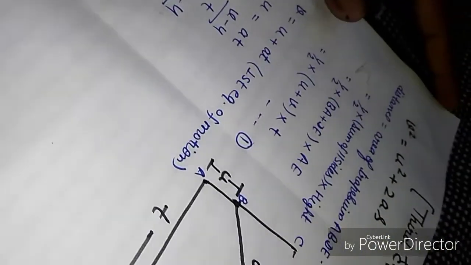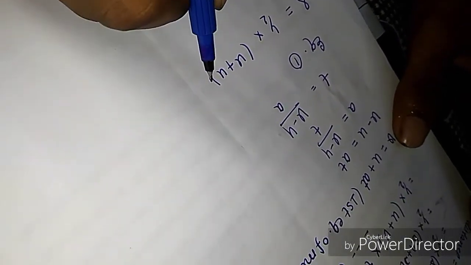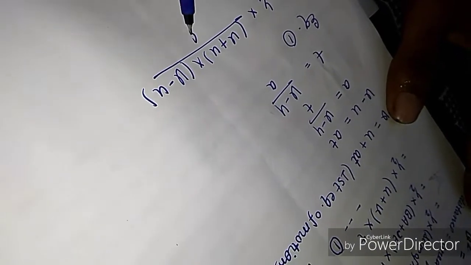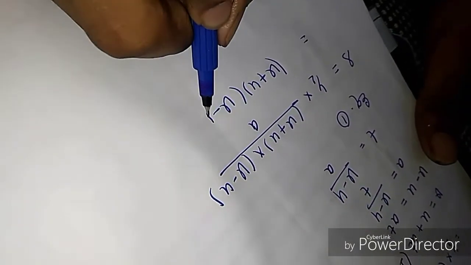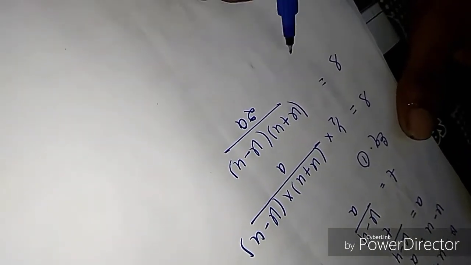So from equation 1, we eliminate the value of t. So distance S is equal to 1 by 2 into v plus u into v minus u upon a. In other terms, (v plus u)(v minus u) upon 2a is equal to distance.